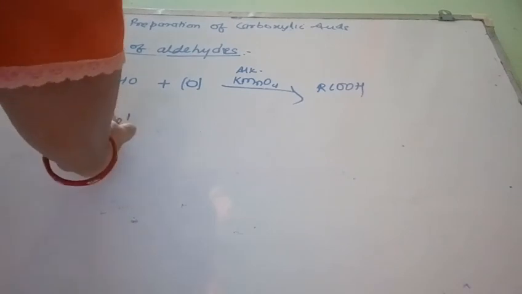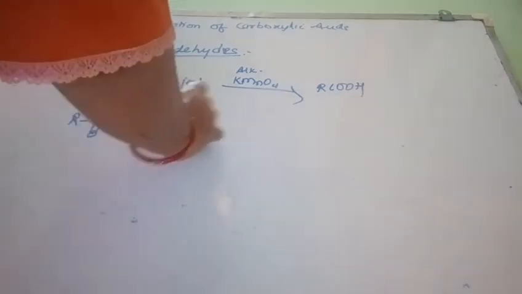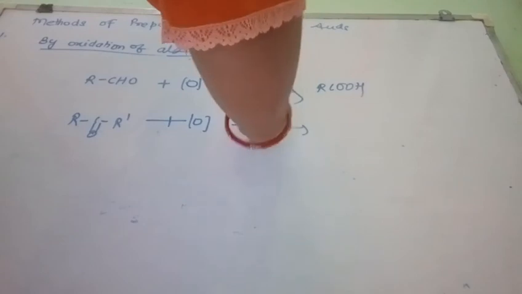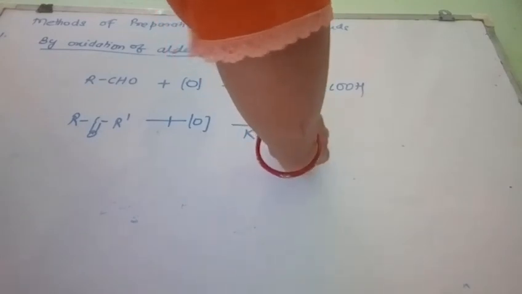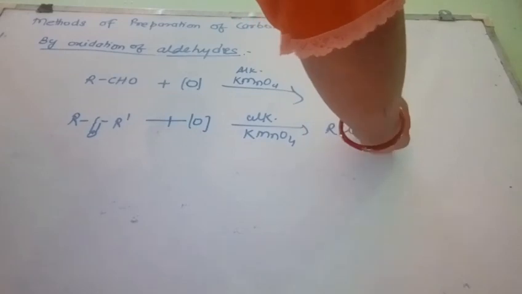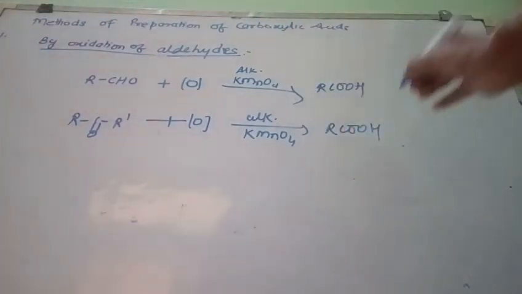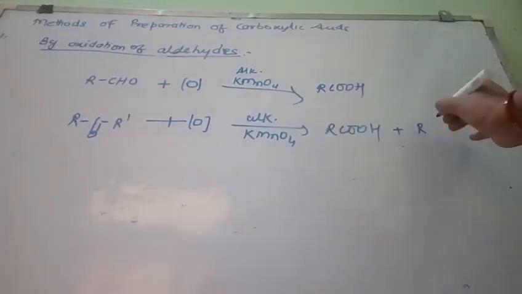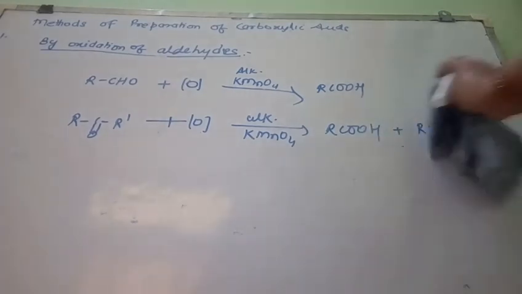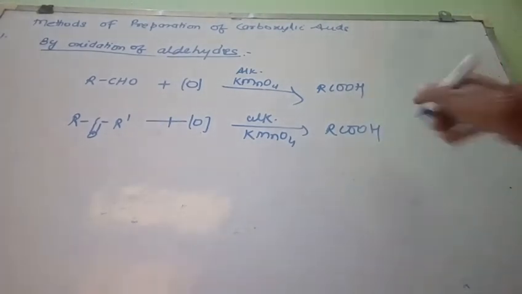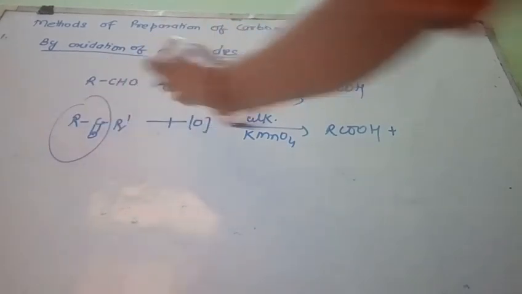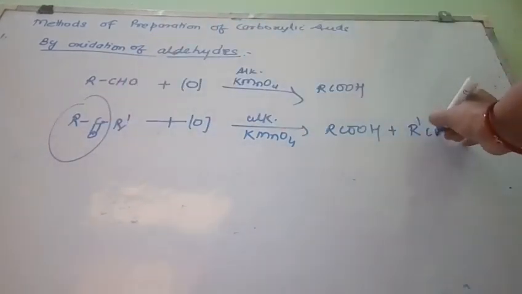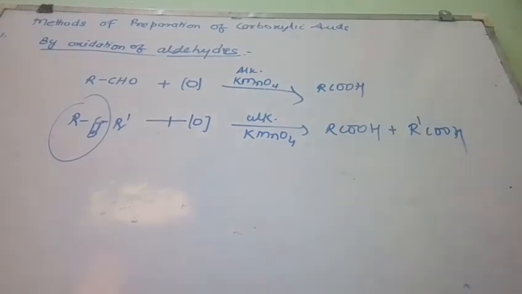If ketones RCOR' are there, first of all we will use a strong oxidizing agent, and the carboxylic acid formed here will have a lesser number of carbon atoms. One acid corresponds to one side and the other corresponds to the other side, so two acids will be formed.